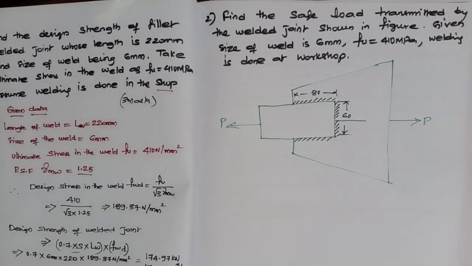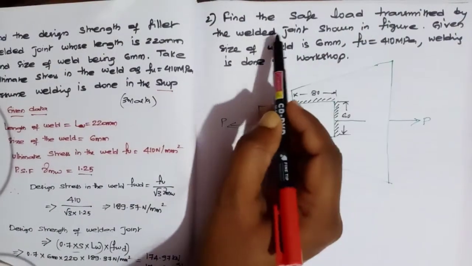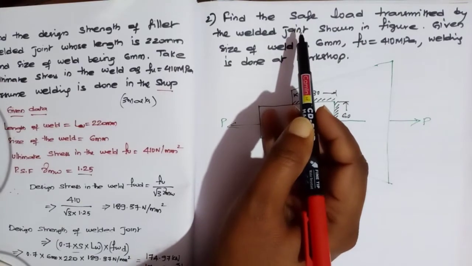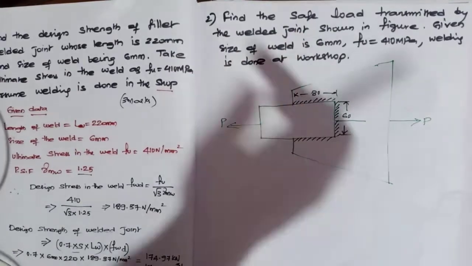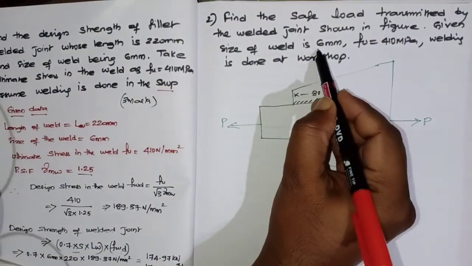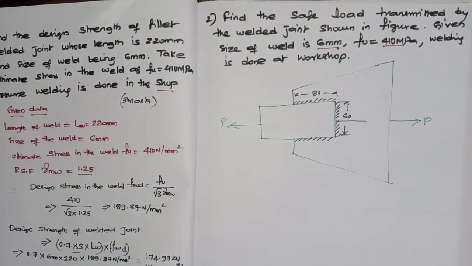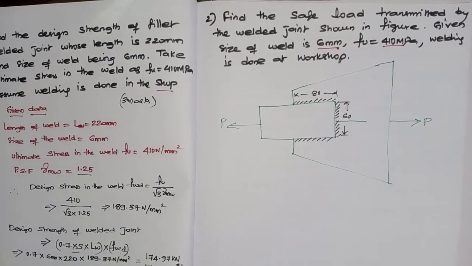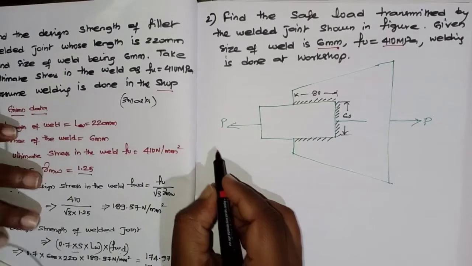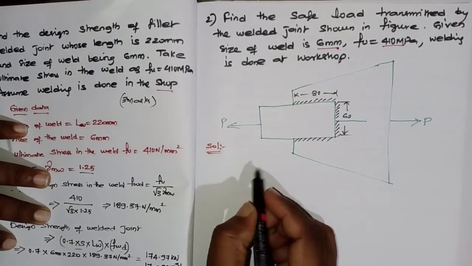We'll see one more question. See, find the safe load transmitted by the welded joint shown in the figure. Given size of the weld as 6 mm, FU as 410, and welding is done at a workshop. So again we'll try to write the given data.